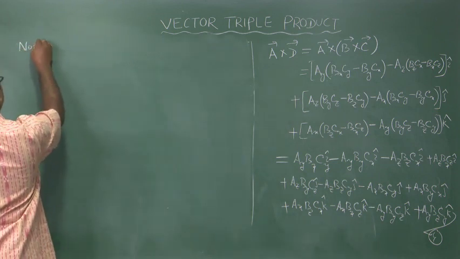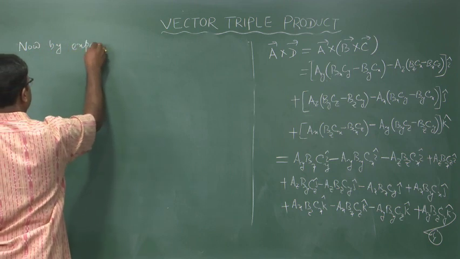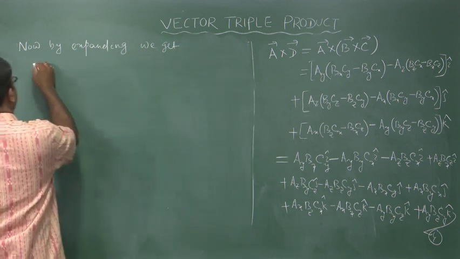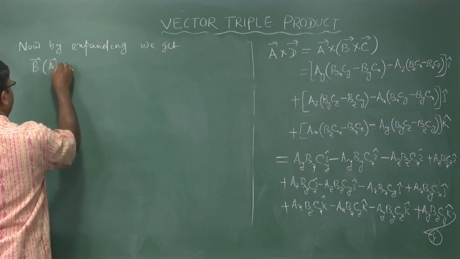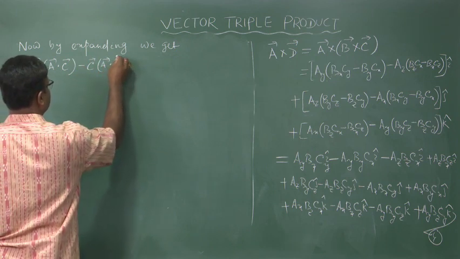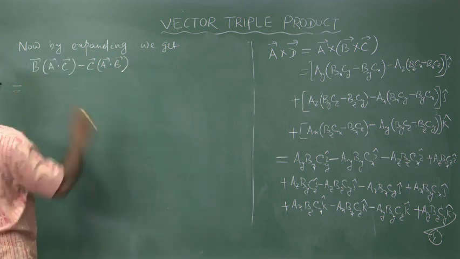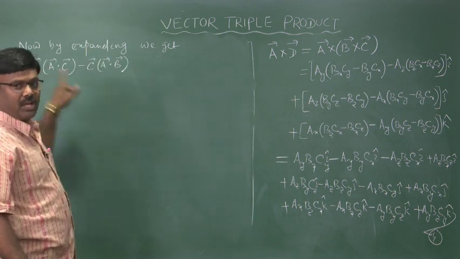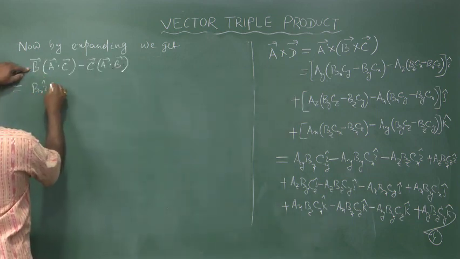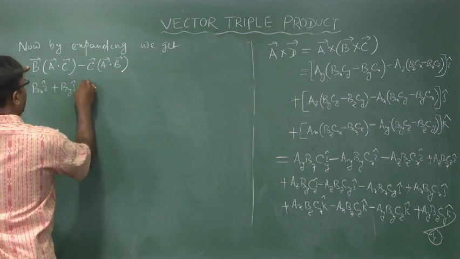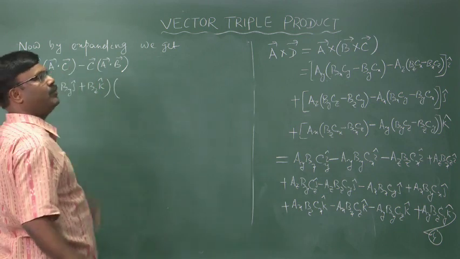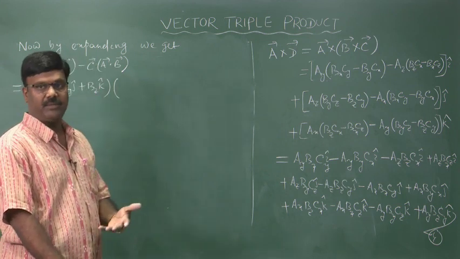Now by expanding we get B vector A vector dot C vector minus C vector A vector dot B vector equal to, here in place of B vector in terms of rectangular components we can write this much as Bx I cap plus By j cap plus Bz k cap multiplied with A dot C, and as we know previously the dot product of two vectors gives Ax Bx plus Ay By plus Az Bz.